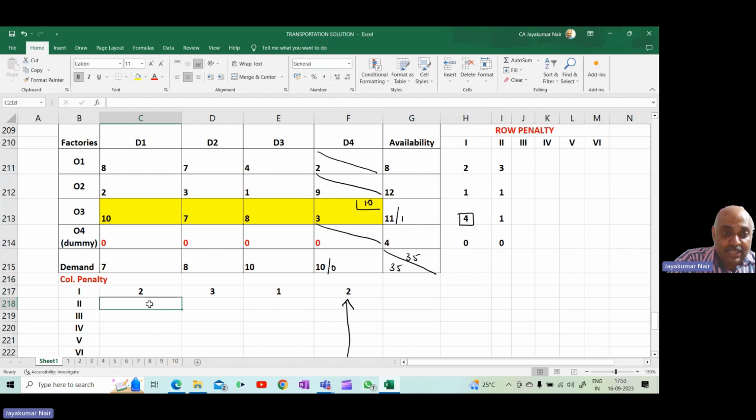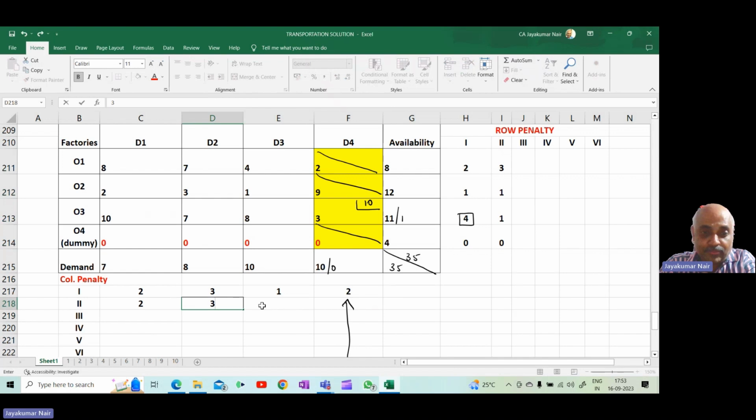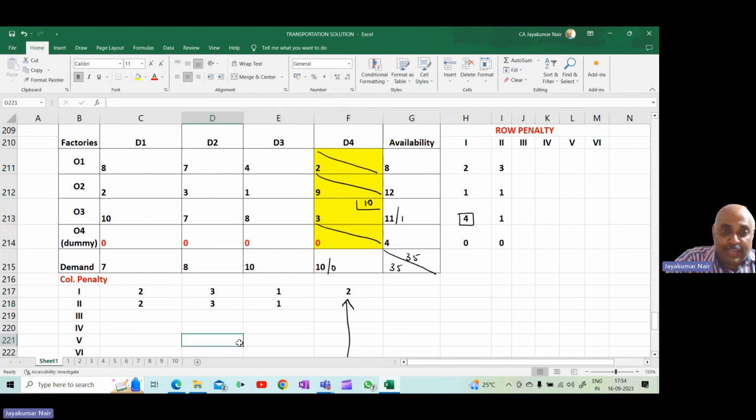Now here it is 0 and 2. 0 and 2 is 2. 0 and 2 is 2. Here it is 0 and 3 is 3. 0 and 1 is 1. So I have calculated the column penalty and the row penalty.